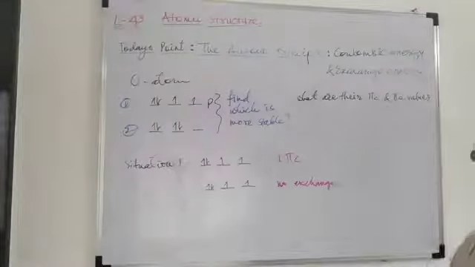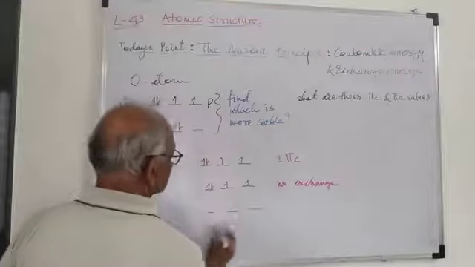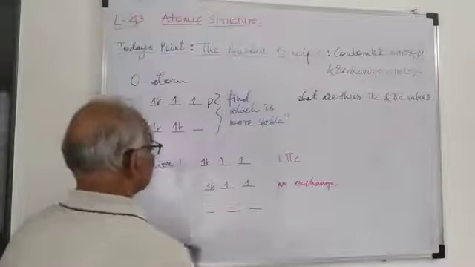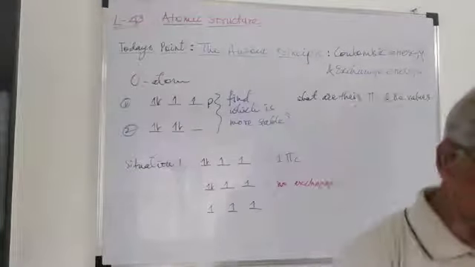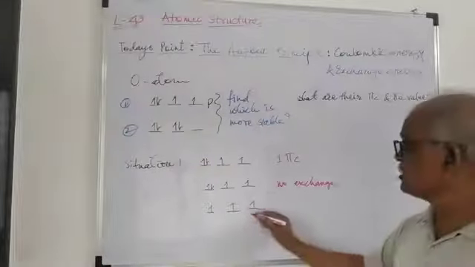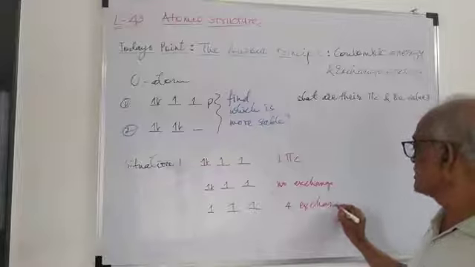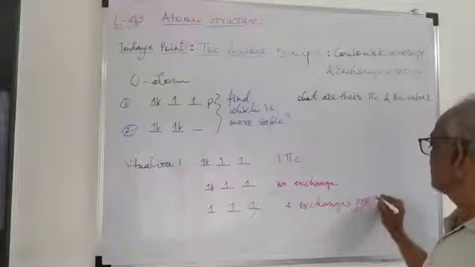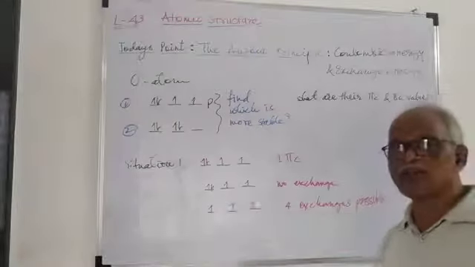Now if we are having the third situation, like the 3 electrons as shown here, the total number of exchanges possible are 4 exchanges, meaning this one arrangement plus 3 more arrangements.